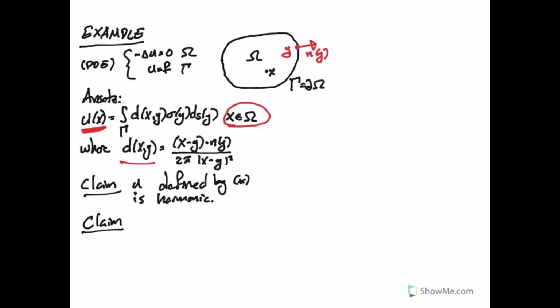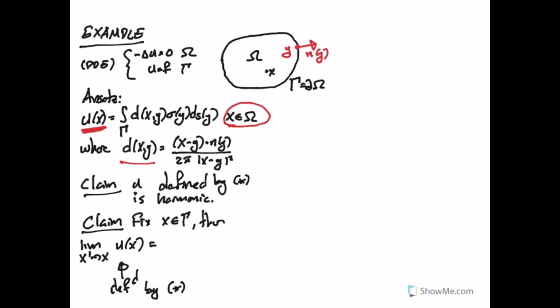And the claim is the following. If we fix x on the boundary, then the limit as x prime approaches x of u, where u is defined by star, turns out to not be just plugging in x in this expression.